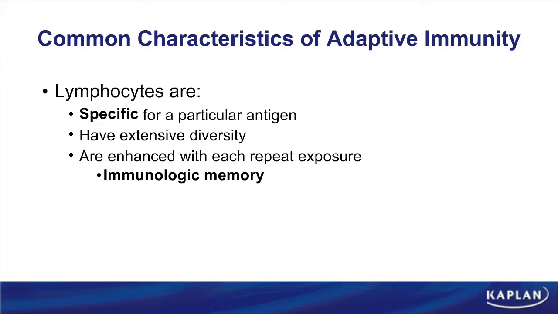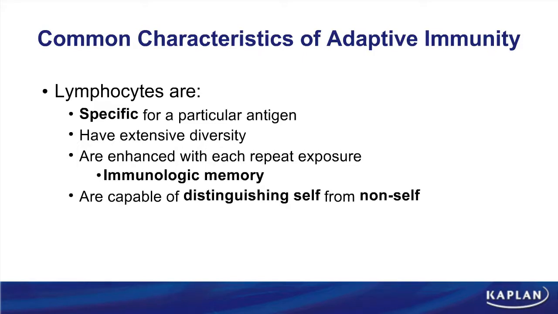And this is based on the fact that each response generates a certain number of memory cells that will exist long enough to deal with a secondary or subsequent response. Also very important here is that the B and T lymphocytes are able to distinguish between self and non-self. Now we all know that this isn't 100% true, otherwise we would never see autoimmune disease.